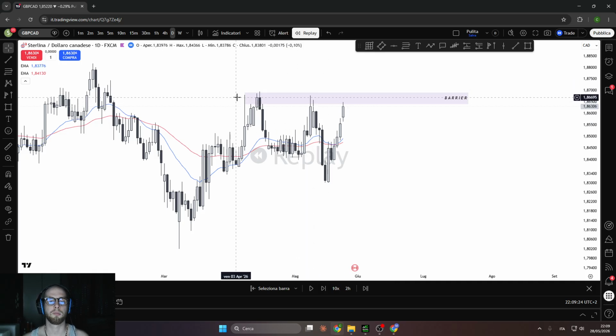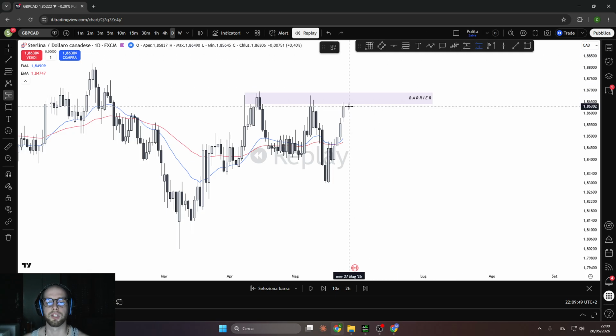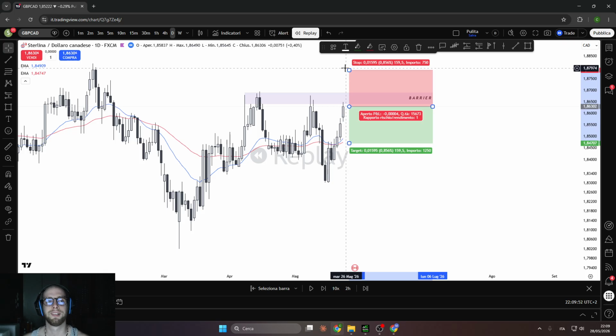At this point, price rejected and continued on the opposite side. Price got to this level and then dropped from here. So I know that if price comes back up here, there could be a rejection. With that in mind, I woke up, I saw this, and I just entered a sell. That's it. I entered a sell position here.